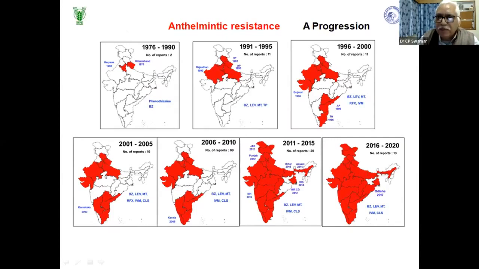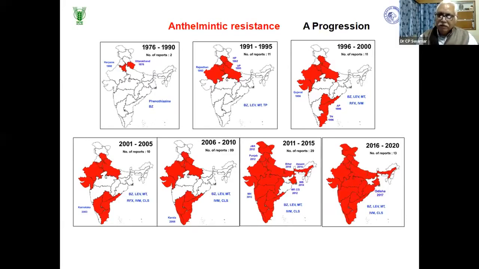Then in the next 5 years, these reports increased. Again, 11 reports we received from southern states. Then from 2001 to 5, 10 reports. The spread and occurrence of anthelmintic resistance is day by day increasing. And now we are in a situation where the whole country, every state, has worms resistant to anthelmintics.